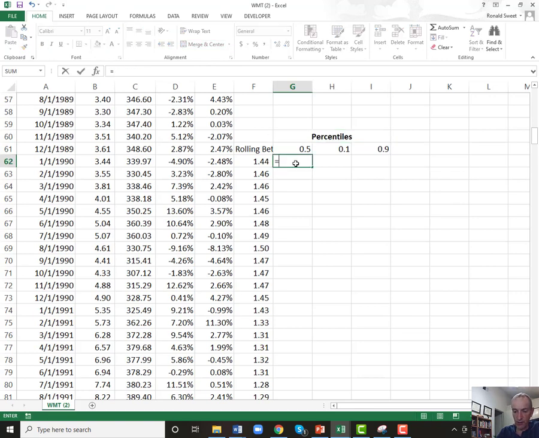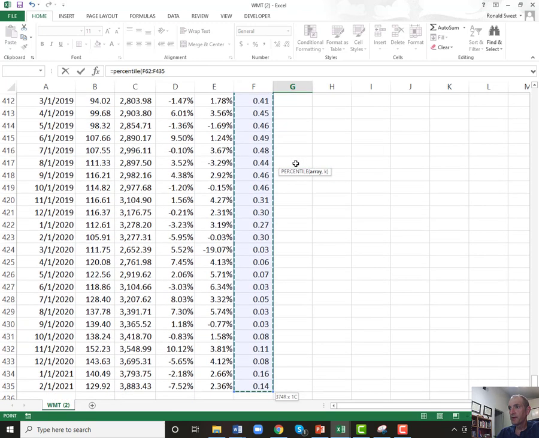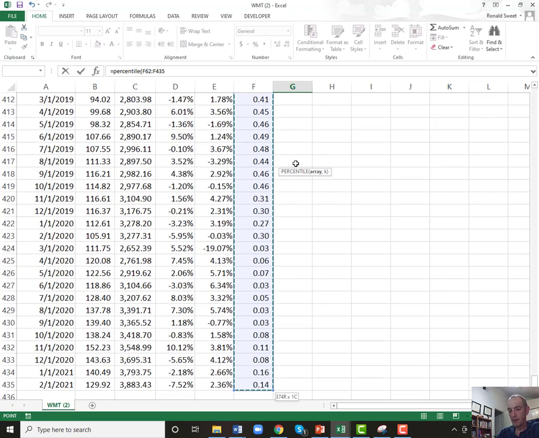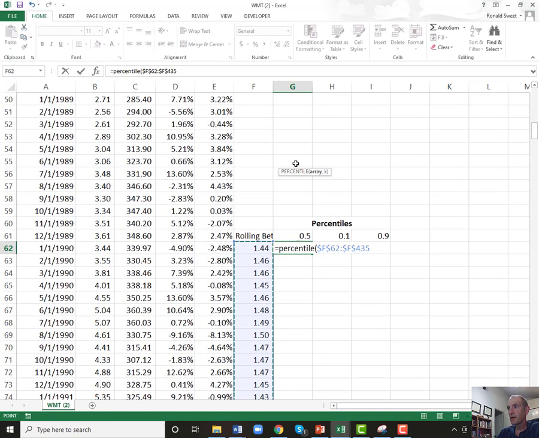So we'll just do equals percentile. We'll just do the entire period. Let's lock that in, hit your F4, lock that in, comma, and your 0.5, lock that in.